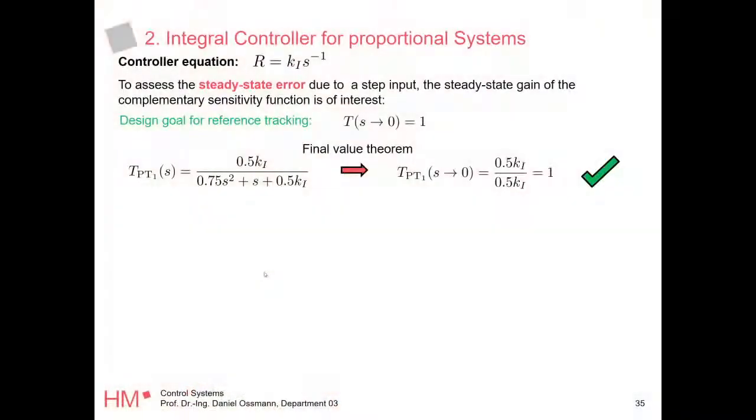Okay, so much for the proportional controller. Now let's take PID, which has 3 elements. Let's take the integral controller. And here something interesting happens, which we can already conclude from the proportional controller. You figured that when the system has an integral element, it's actually pretty good for reference tracking, right?